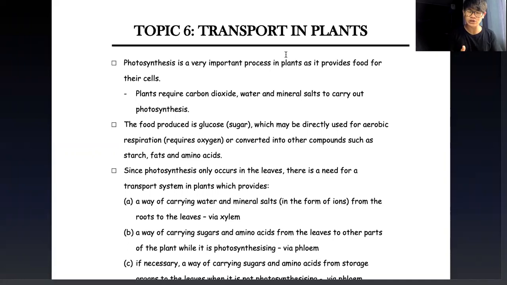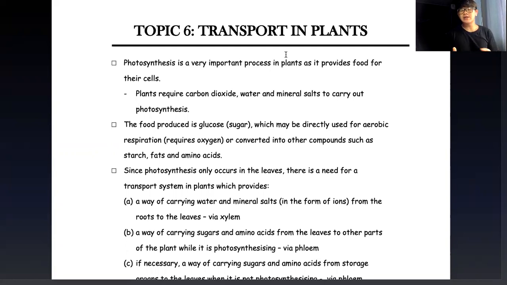So this does not just include your leaves, it could also include your flowers, your stem, your roots. And if you remember the word equation for photosynthesis, it is carbon dioxide plus water, right? And where do they actually get the water from?